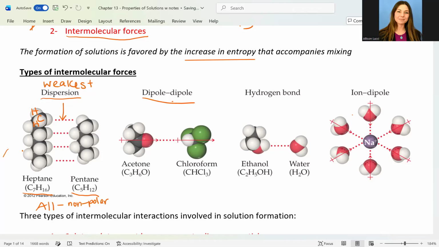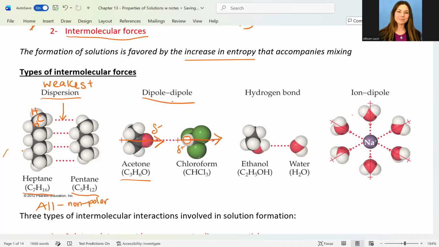So let's talk about, we see acetone here, which has this, what we call dipole moment or polar bond, which the negative end is over here. So we point the head towards the more electronegative portion. Then we see chloroform here, which is also a polar compound. The positive end is near the hydrogen atom right there.